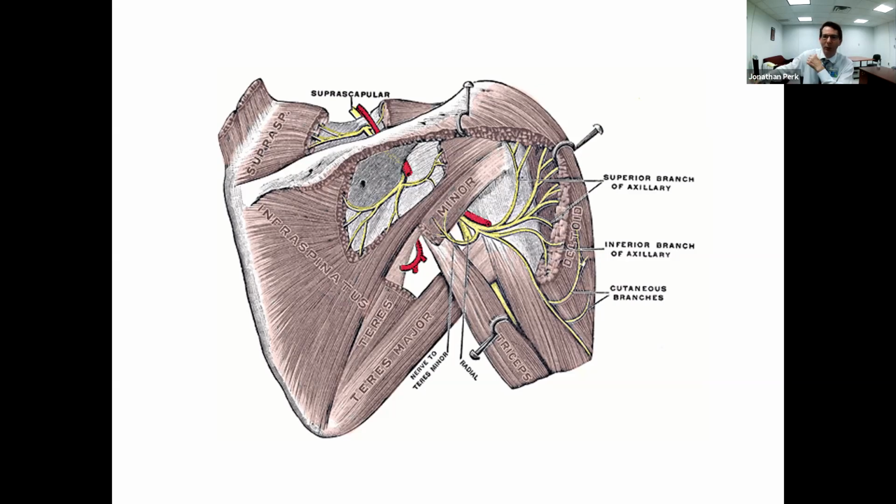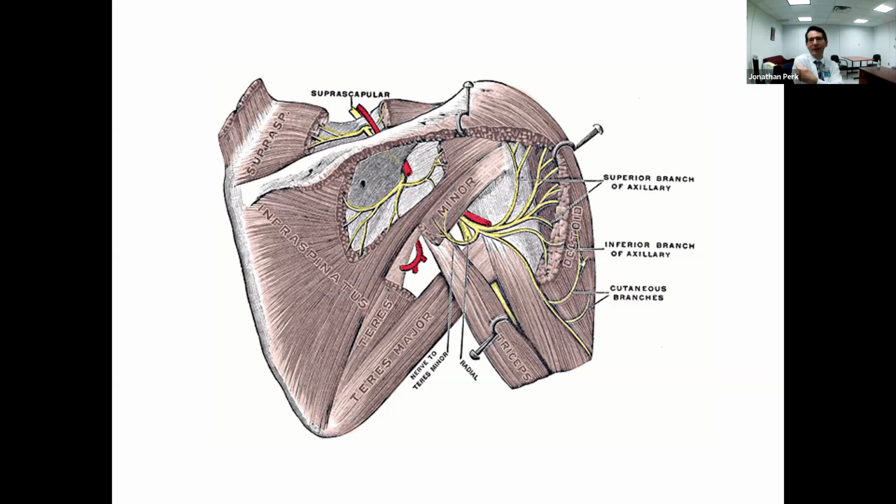So the initial work will be done by the supraspinatus, and then the deltoid will take over. Okay? So that's a posterior cord. If we have a lesion in the posterior cord, we'll have atrophy of the deltoid and difficulty with abduction.